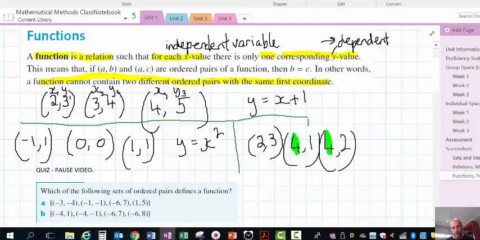We have 4 here and here. 4 has the y value 1 there and 2 there. There is a problem. Thus, out of those 3 examples, the first one and the second one were functions. The third one is only a relation. It is not a function because x has 2 y values, so it can be called a relation but not a function.